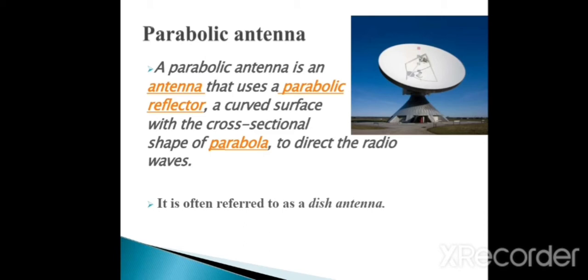And so far we know only reflector antennas: the flat sheet reflector and the corner reflector. How the wave is reflected back when you apply a feed point like a dipole antenna, horn antenna or slot antenna.